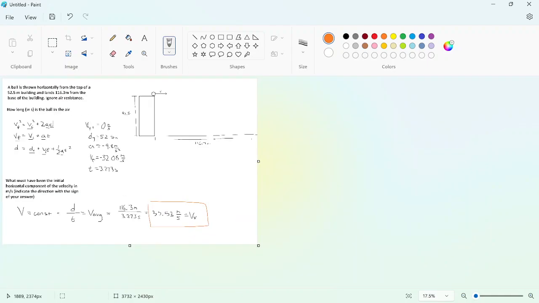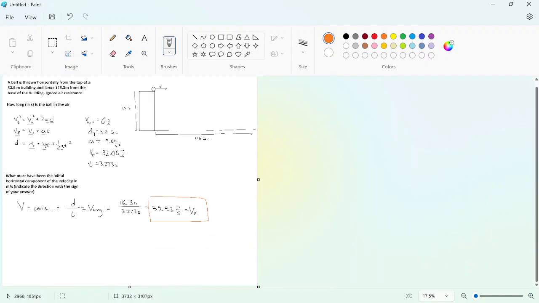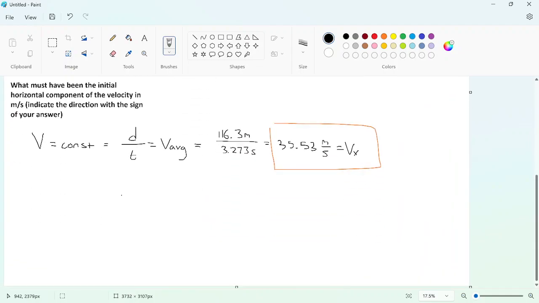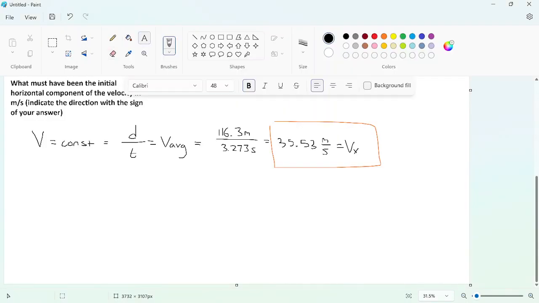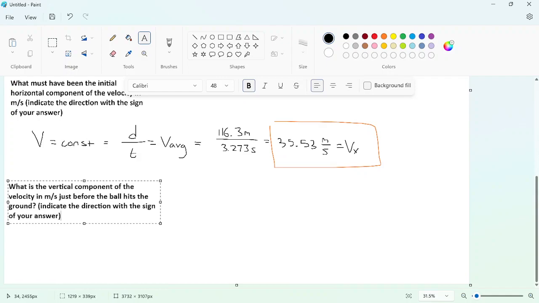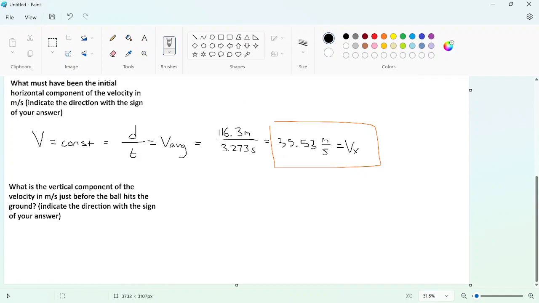Okay, next part. This is the second to last part. What is the vertical component of the velocity in meters per second before the ball hits the ground?